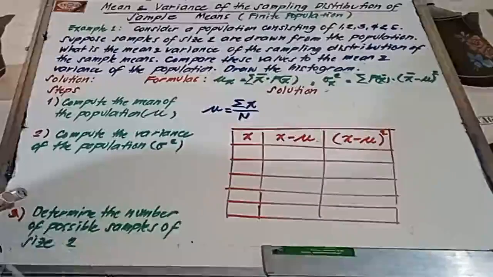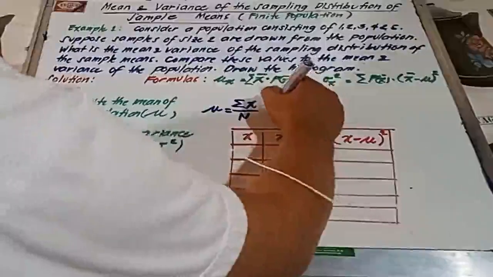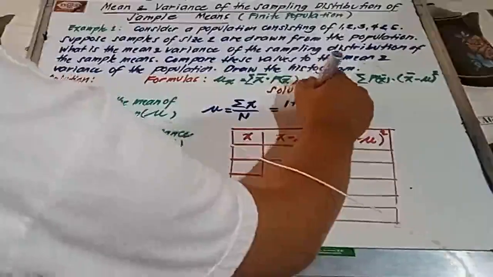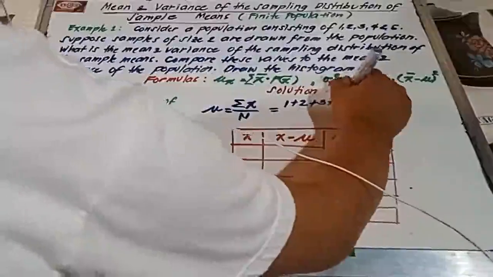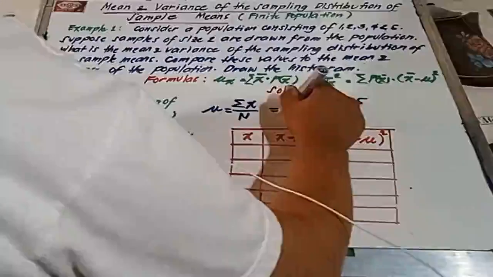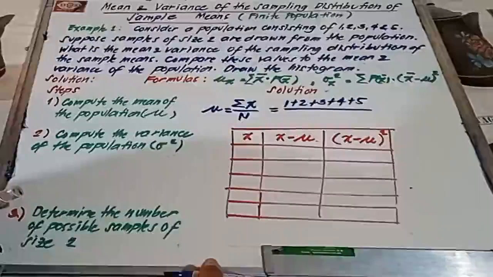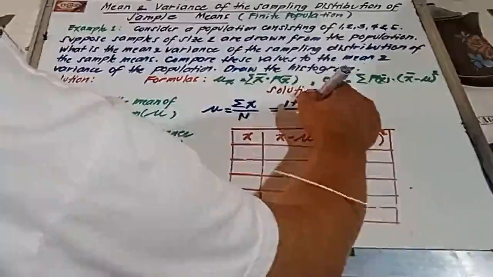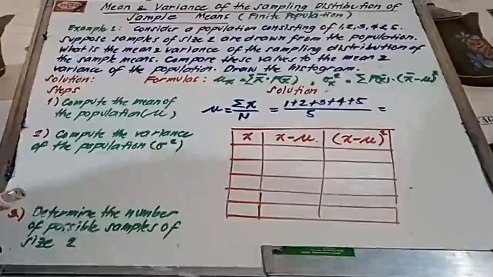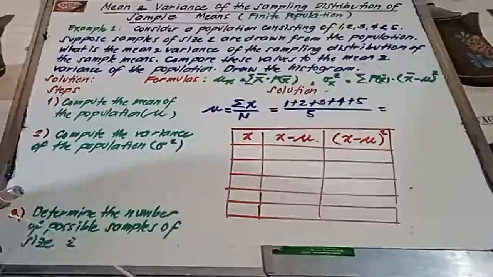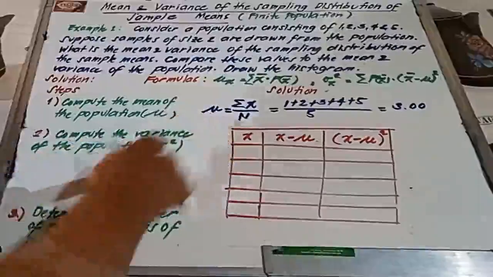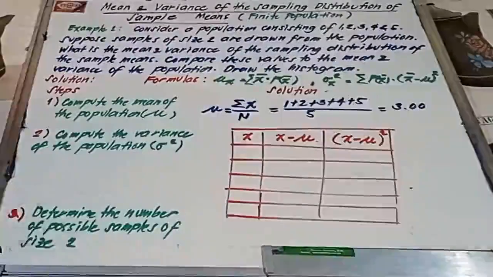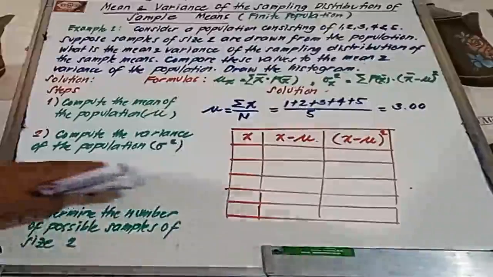We have 1, 2, 3, 4, and 5. So, i-add lang natin siya. And then, di-divide natin kung ilan yung population size. The population size is 5. So, we have 1 plus 2 plus 3, 6, 10, 15 divided by 5 is 3 or 3.00 ang ating population mean.